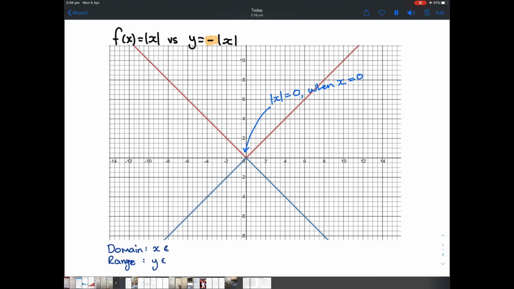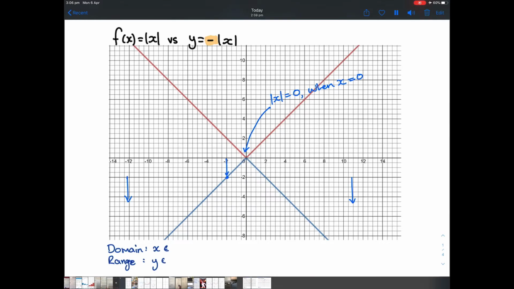So if we look back earlier, I said the absolute value of -2 is 2, but then I multiply it by -1, and that's why we end up with, in this graph, all our answers below the x-axis, because that negative is outside of the absolute value. So because there's a negative at the front of the absolute value, our arms are going to be pointing down.